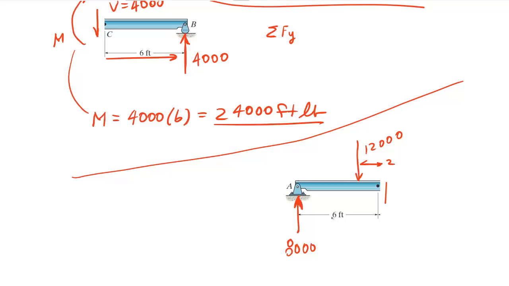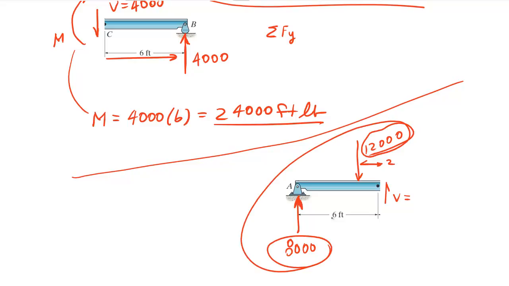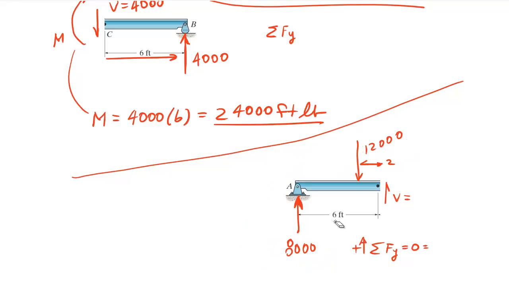So you say I have to have a shear equal to that value offset with that one. In other words, the sum of the forces in the y equals 0, and let's say that's plus: 8,000 plus V minus 12,000 equals 0, or V equals 4,000. Take the 12 over, subtract the 8 from it.